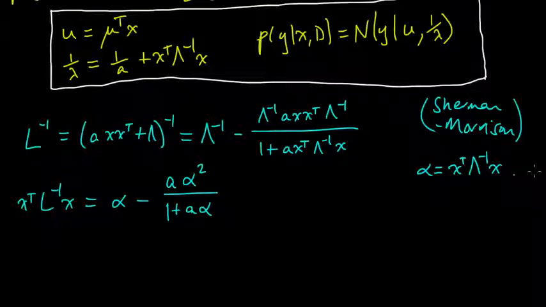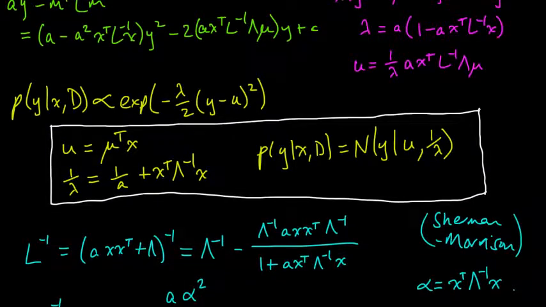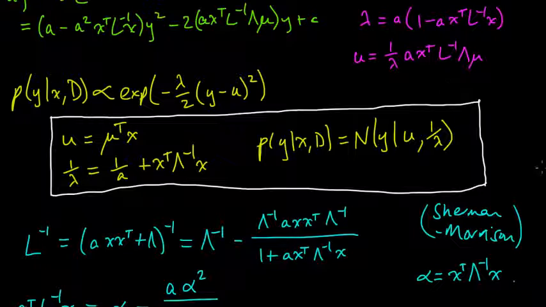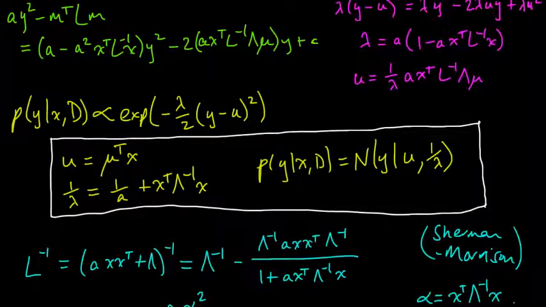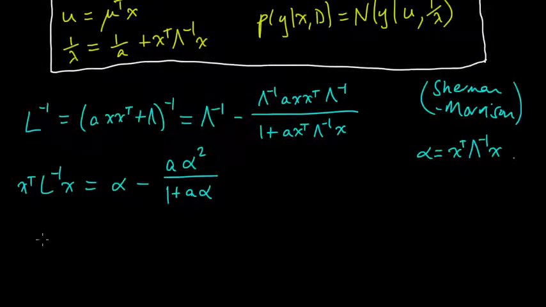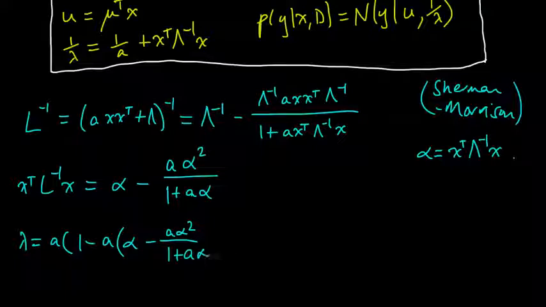Plug that in once again. And now finally we get to compute lambda. A times 1 minus A times this thing, times alpha. From this point on, it's just straightforward calculations.